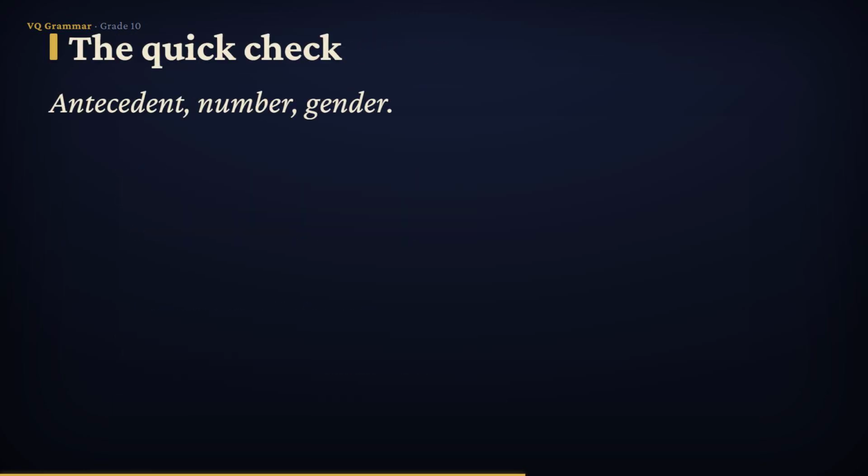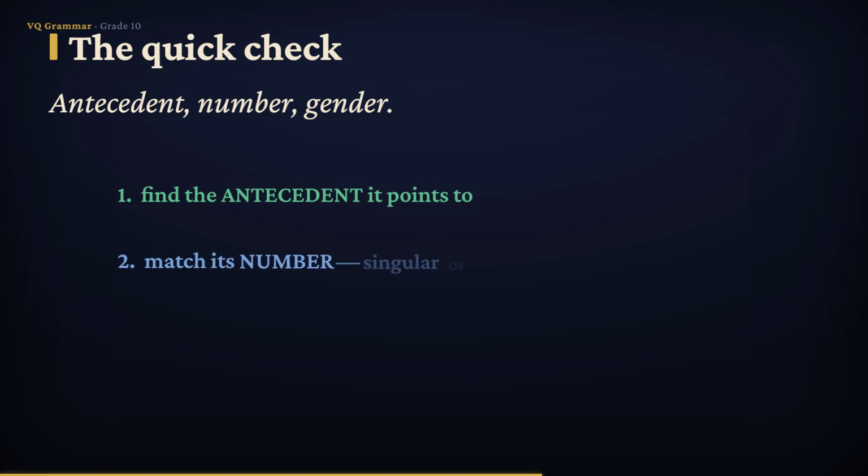Let's fold the whole lesson into a 3-step check you can run in a second. Step 1. Find the antecedent, the noun the pronoun is pointing back at. Step 2. Match its number. Is that noun one or more than one? A singular antecedent takes a singular pronoun. A plural antecedent takes a plural one.